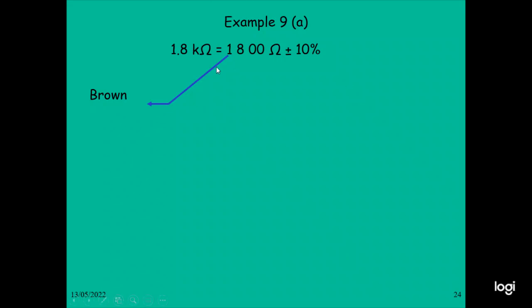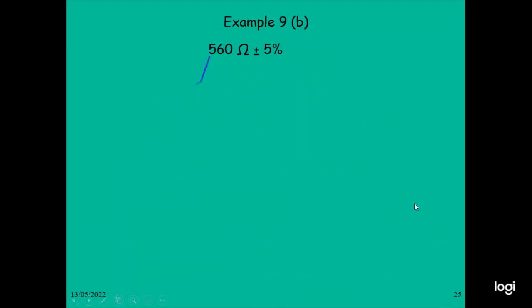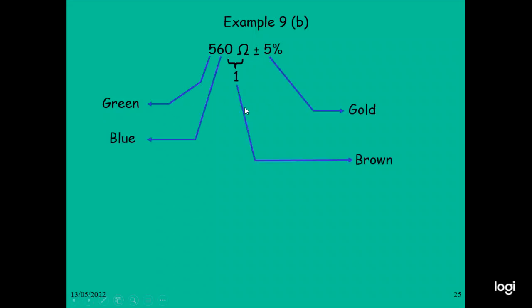For this one, the first is brown, the second is gray, and the multiplier is red, and 10% is silver. For this resistor, 560 ohm plus or minus 5%, it is blue, brown and the gold.